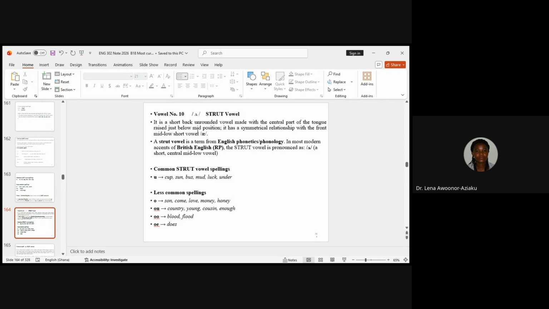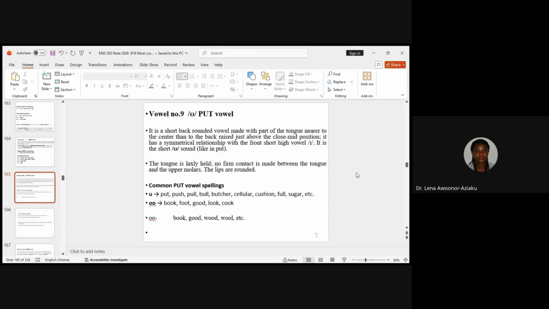You see the word country, young, cousin, enough. And then we have blood, flood, and dash as the pronunciation. Then we have the put vowel, the almighty put, mostly spelled as u, as in put, full, and also in other spellings.